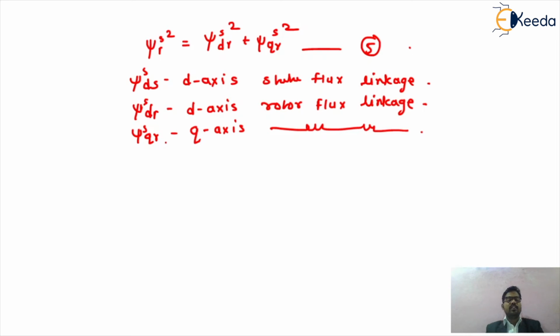So we are getting the magnetizing component, which we call psi dm. We get this term by means of psi ds in the stator frame, minus Lls into ids in the stator frame. We get this as Lm, the magnetizing inductance, into ids plus idr.